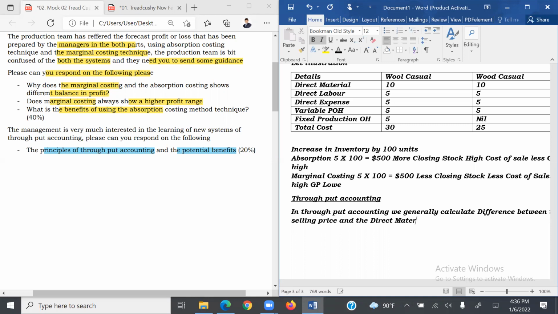So I'll write down here, it's very simple. Throughput equals selling price minus direct material cost.